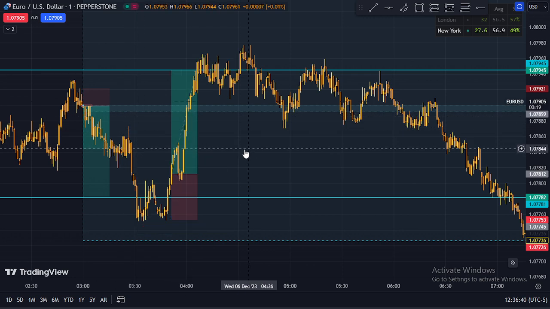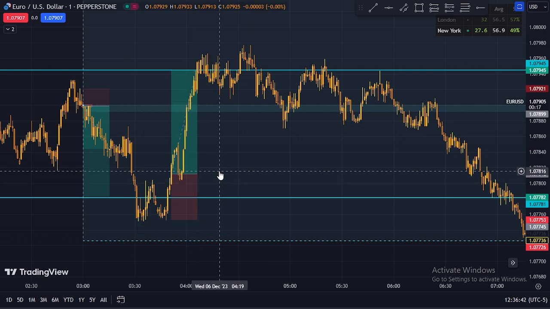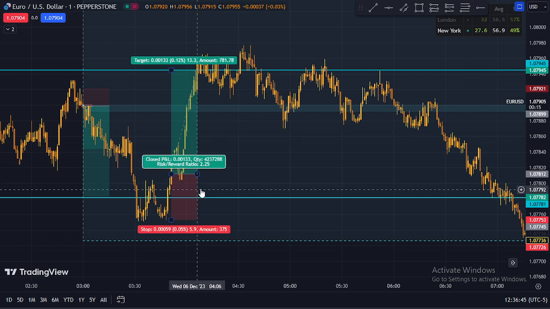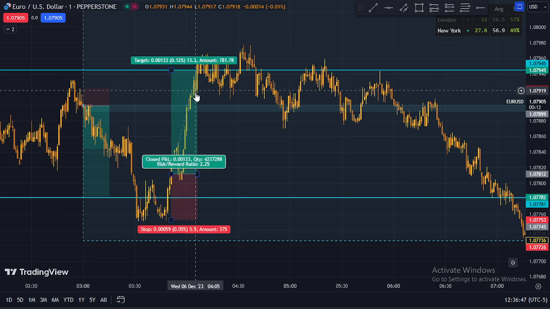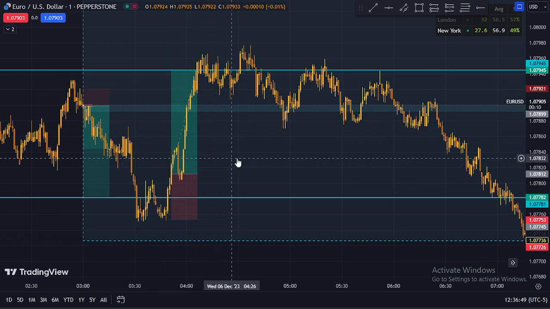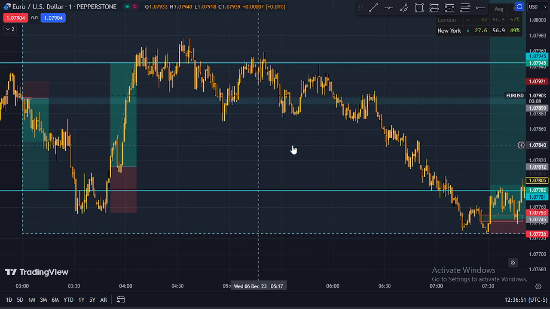So for you to stick in this game for a longer time, you have to know where is price going, why should it go, when should it go. So time here is a factor.